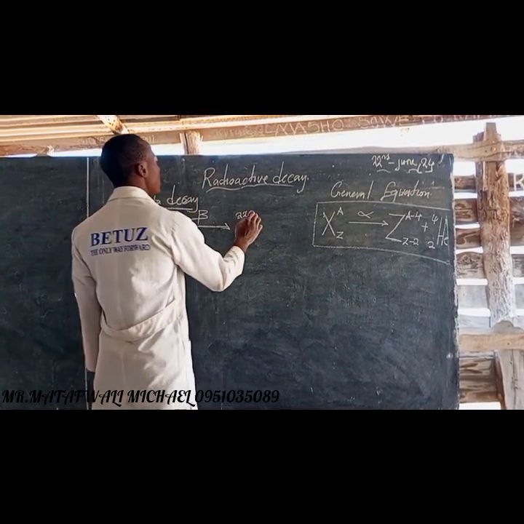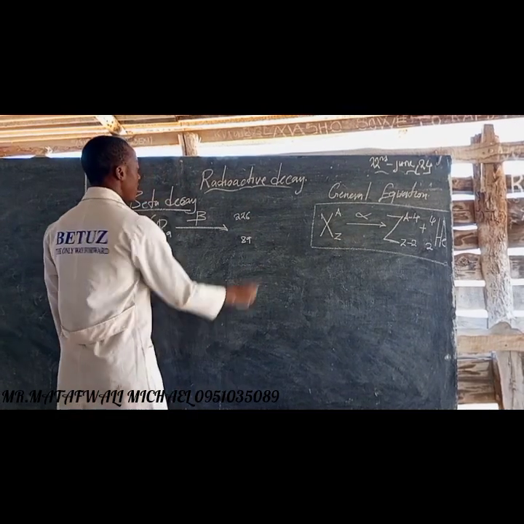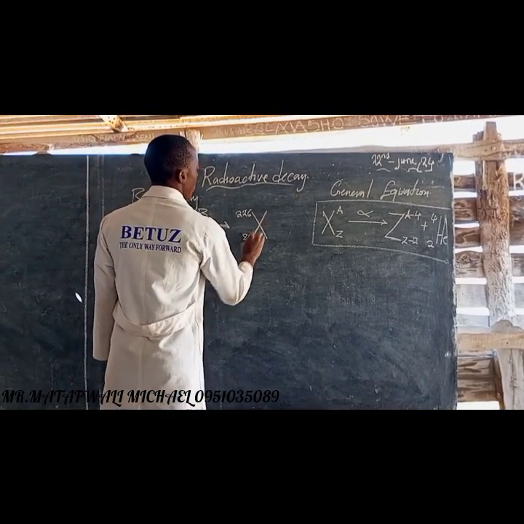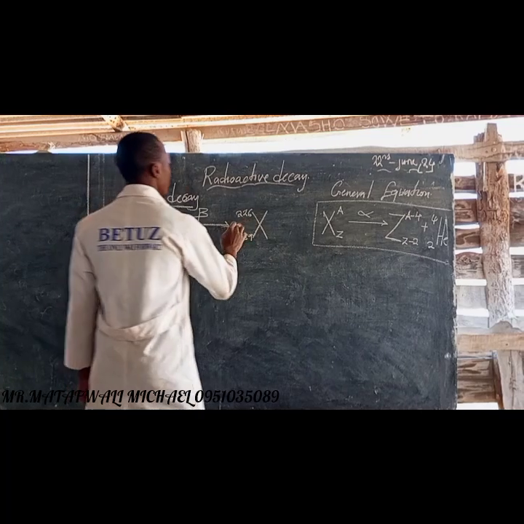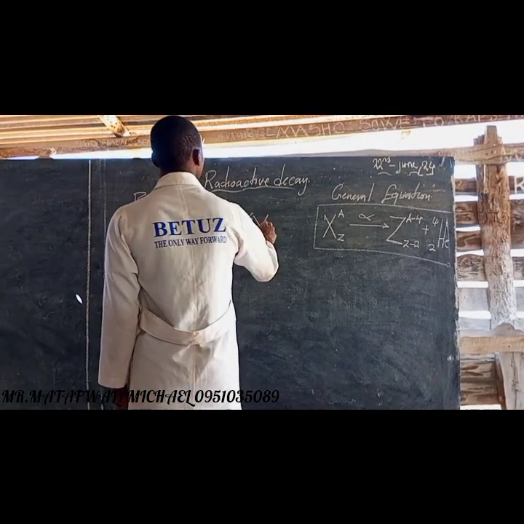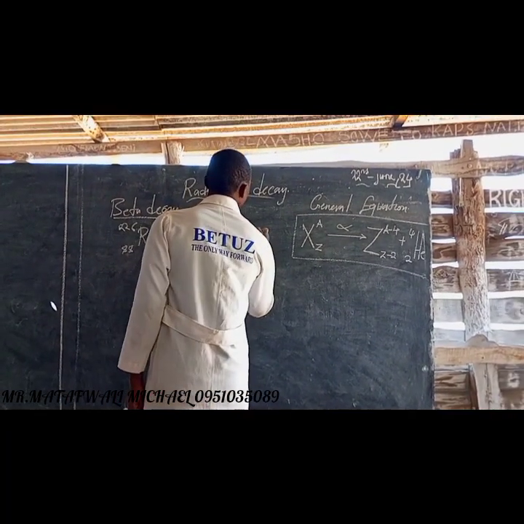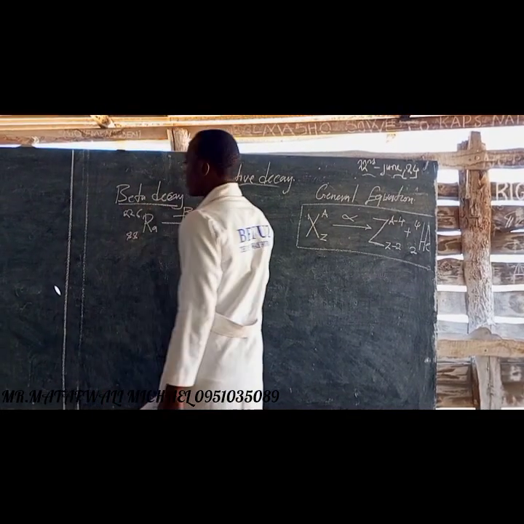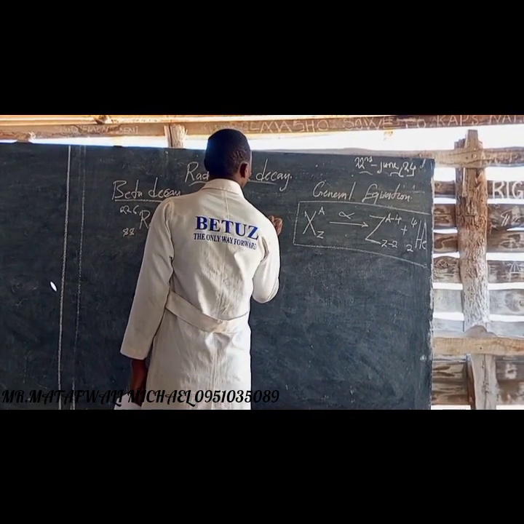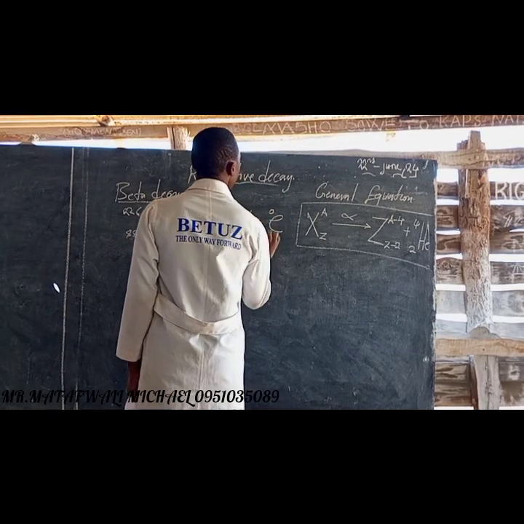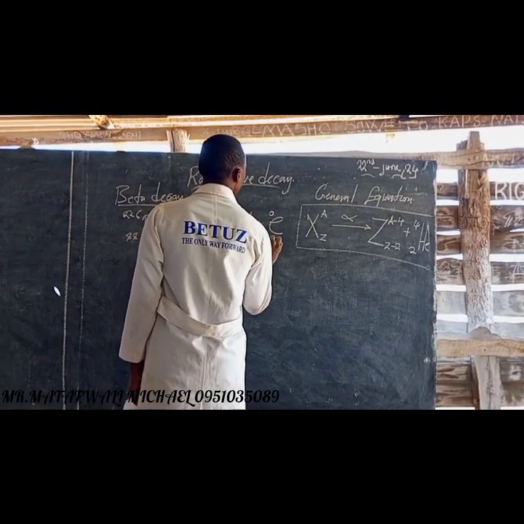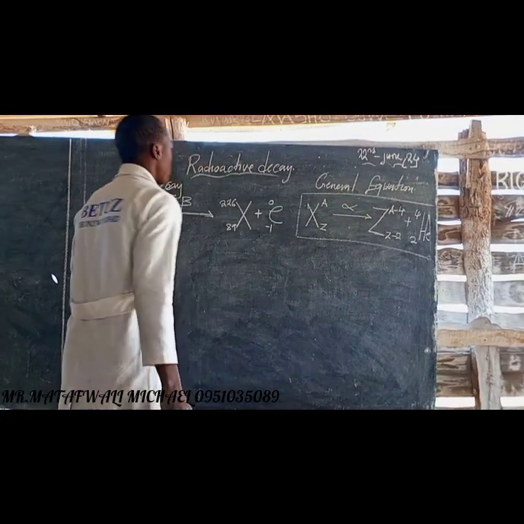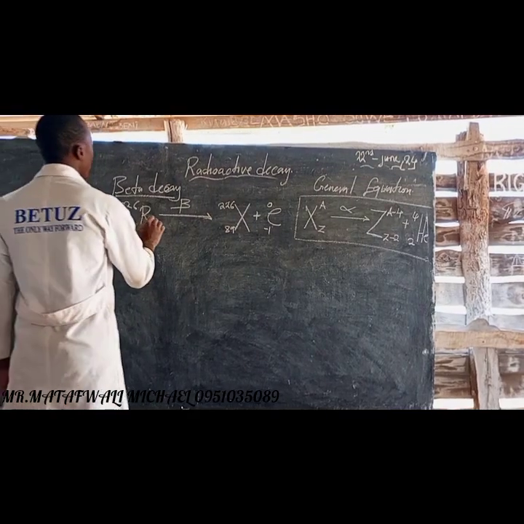Since we don't know the element which is going to form on this side, we write x. Then plus the symbol for a beta particle, which is an electron. Here we have 0, and here we have -1. So this equation is balanced.